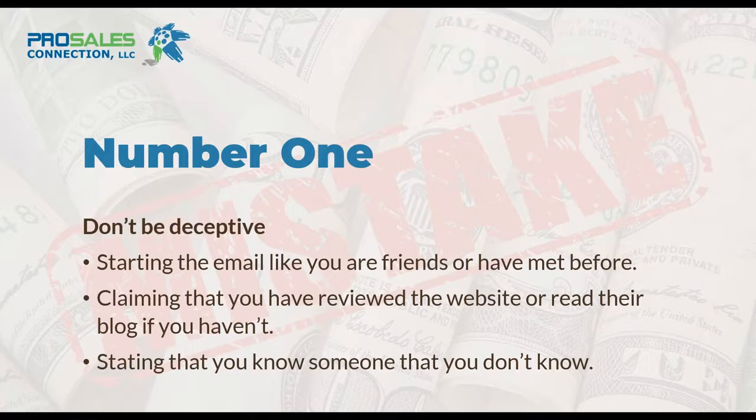People see right through that stuff. It's a spammy trick. It might get your email open, but then they're going to be really upset whenever they realize what you've done. So just don't do it. It's just going to get you added to their junk list or blacklisted, or automatically sent to their junk folder.